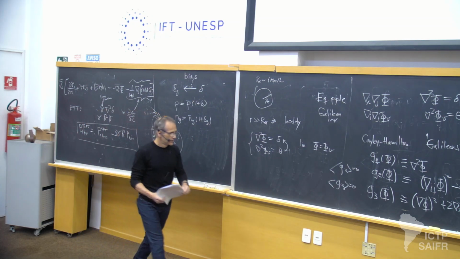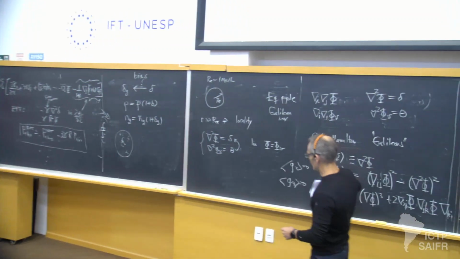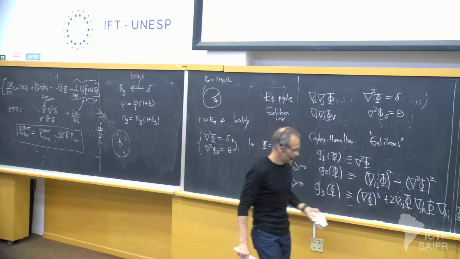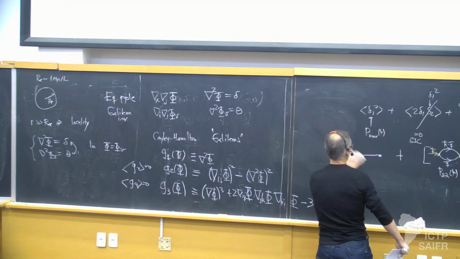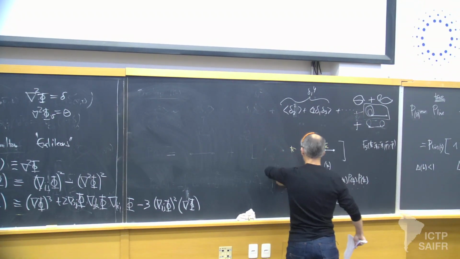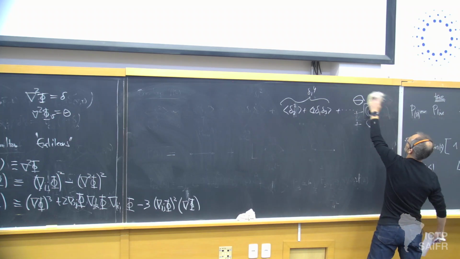let's see. So we are going to build our basis of operators out of these guys. Okay, so let me tell you, since I have 5 minutes, let me tell you the result. You can read my notes. There is a lot of detail there. And it gets pretty complicated, as you can imagine.